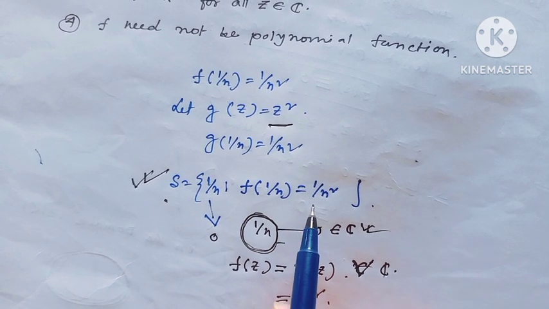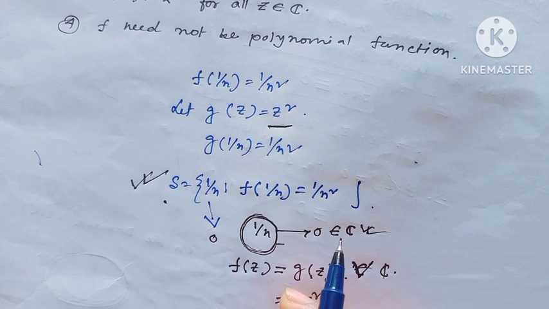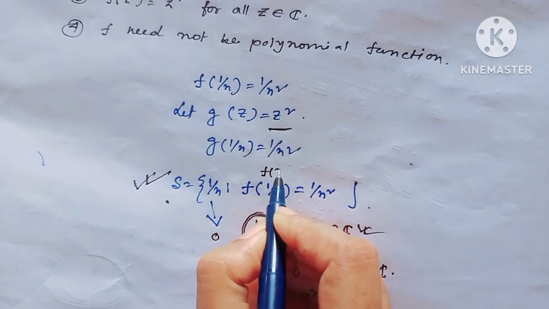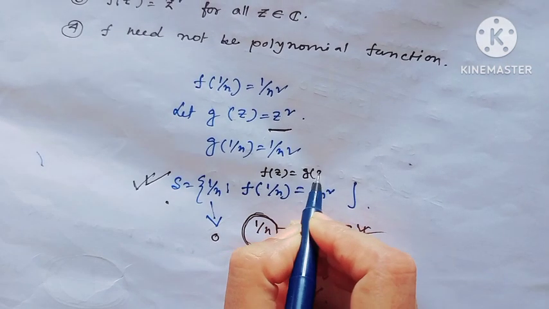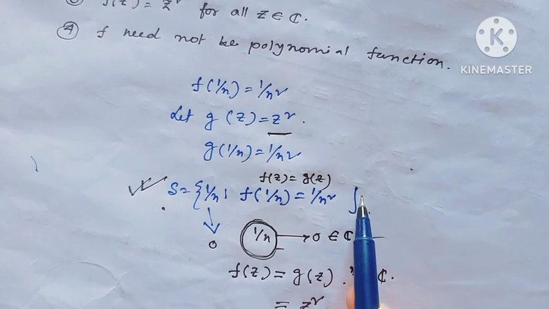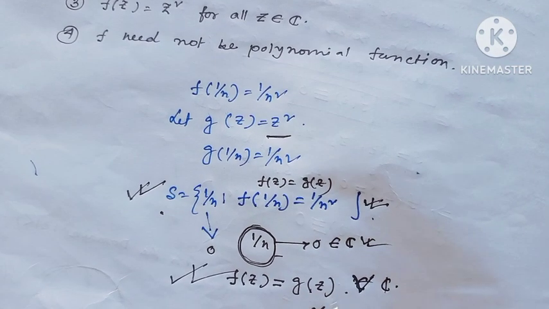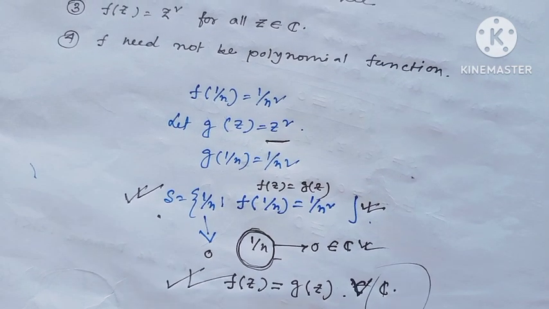This set is actually the set where f(z) equal to g(z), and by the identity theorem we can extend this set to the whole complex plane.